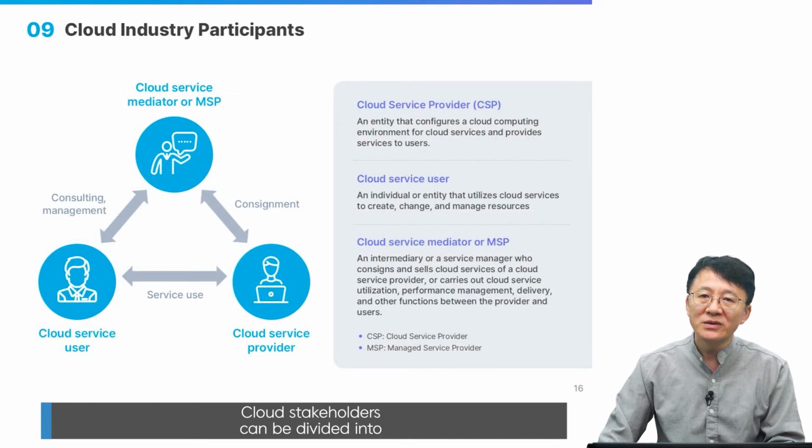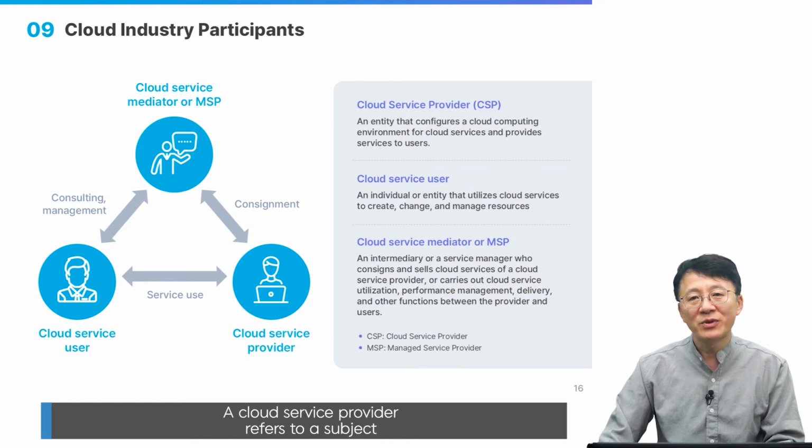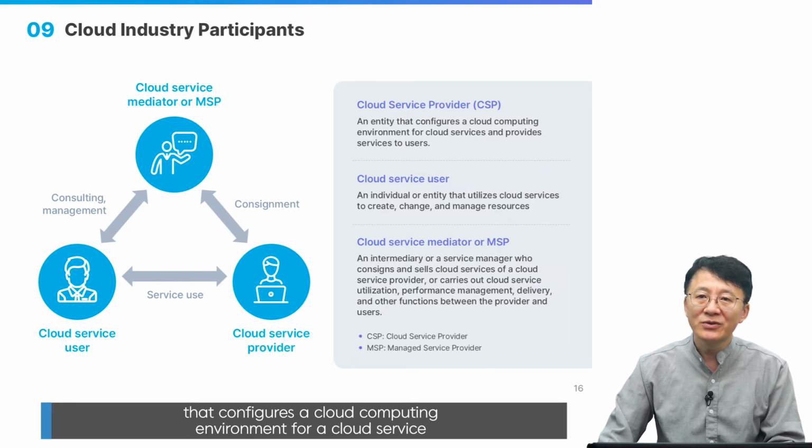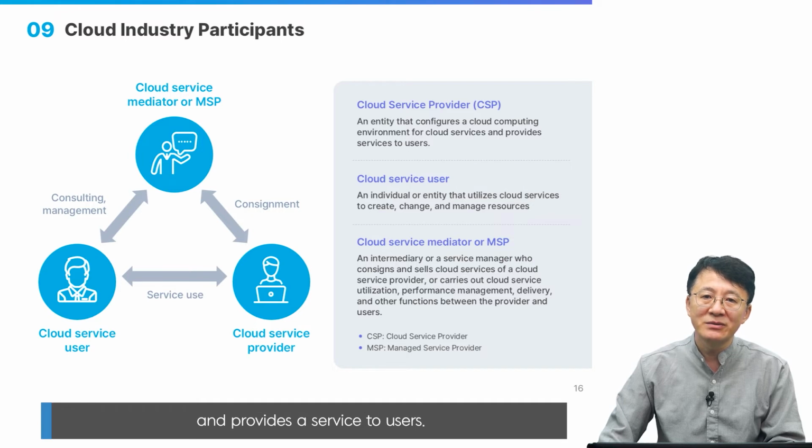Cloud stakeholders can be divided into service providers, service users, and service arbiters. A cloud service provider refers to a subject that configures a cloud computing environment for a cloud service and provides a service to users. And the cloud service user refers to a subject that utilizes the creation, change, management, etc. of resources using the cloud service.